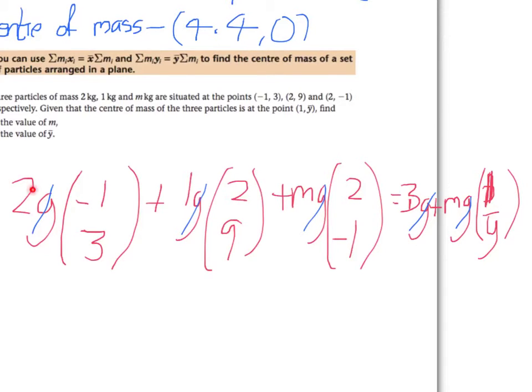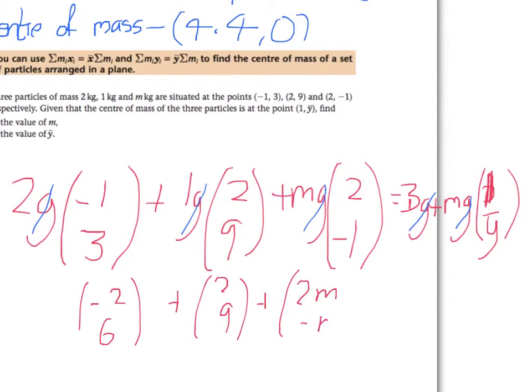If we multiply the 2 into the vector, we're going to have (-2, 6) and (2, 9) and (2m, -m), and that's going to be equal to, if we multiply in the 3 and the m, (3 + m) and then (3 + m) times the centre of mass for y.